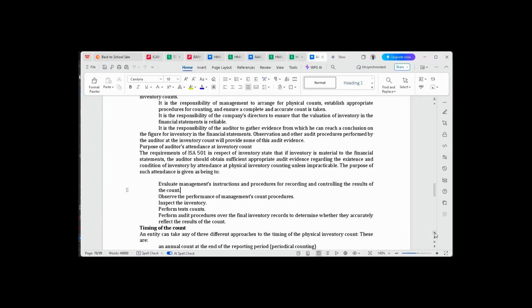Now, one thing you also need to note here when you are going for stock count is that as an external auditor or as an internal auditor, you need to have the stock balance before the stock count begins. You need to have it so that at the end of the stock count, you are going to now compare the stock balance before the stock count and the physical count that you counted.